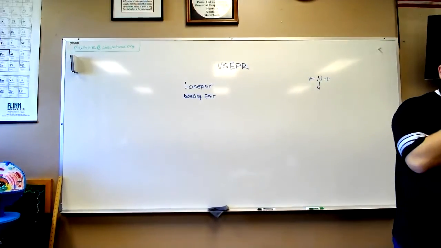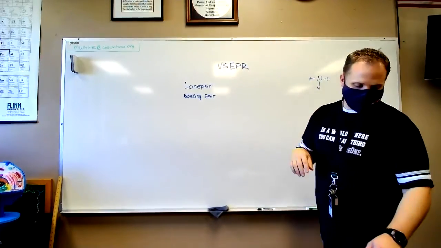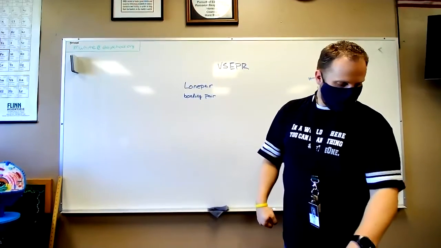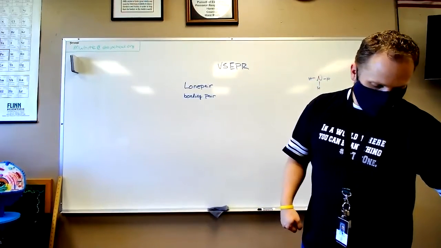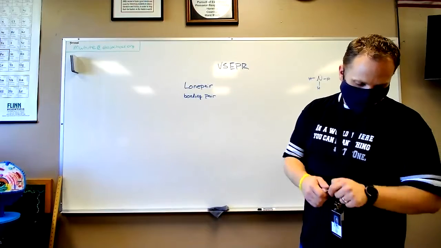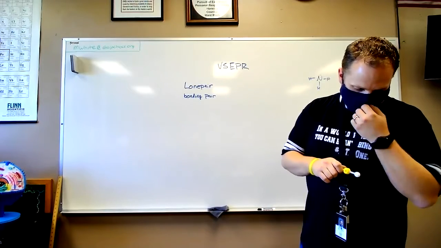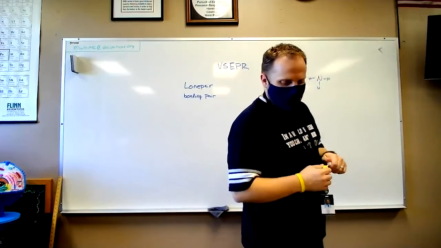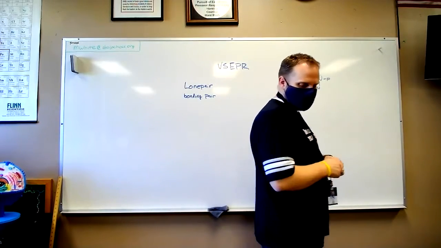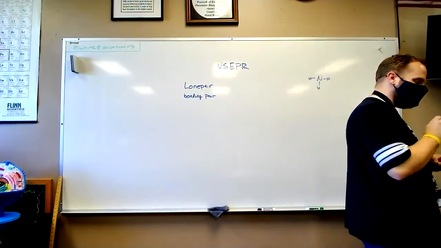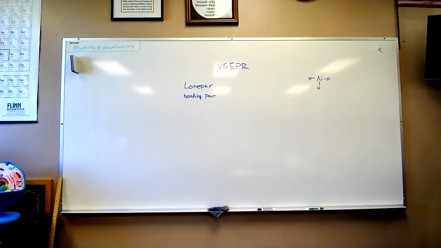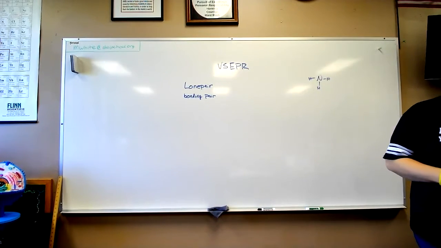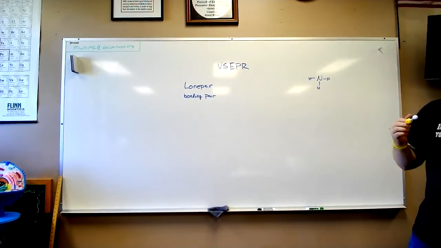This chart also gives you a general example. If you have something like beryllium chloride, actually beryllium dichloride, it has two shared or bonding pairs and no lone pairs.